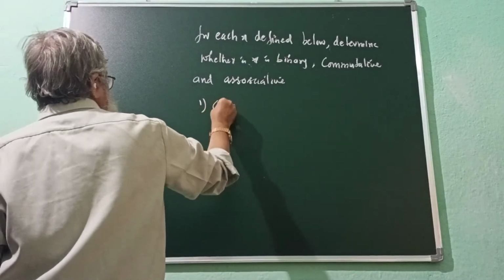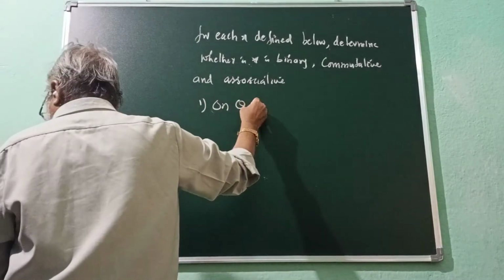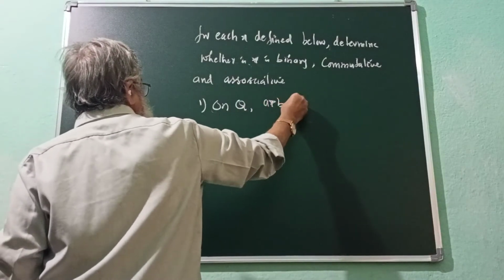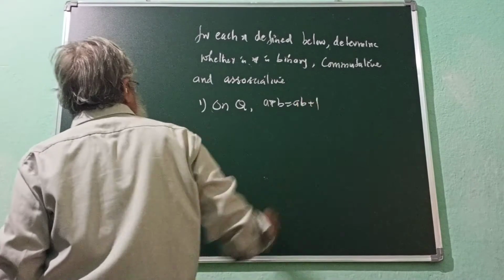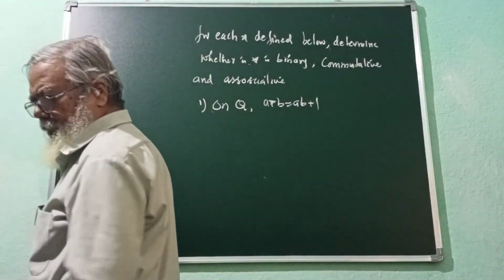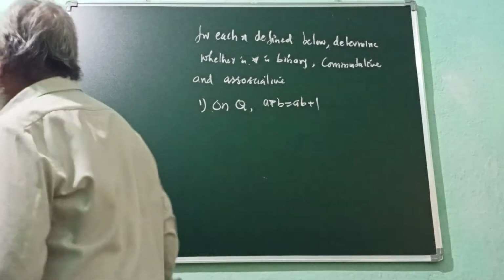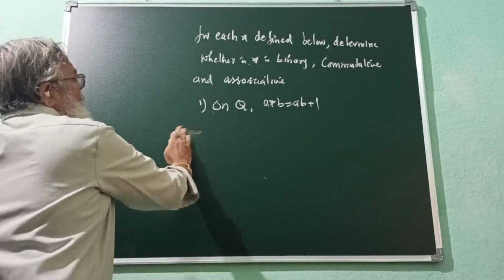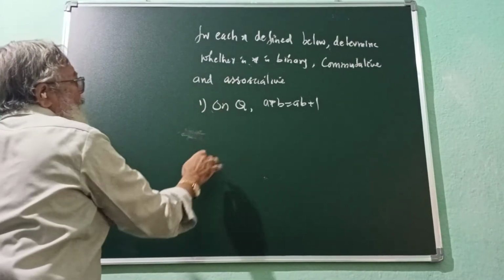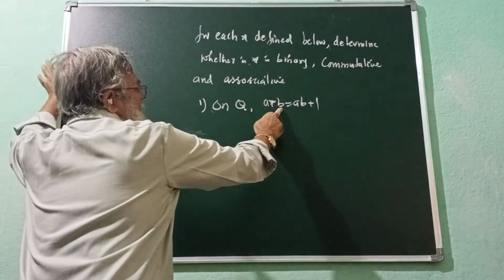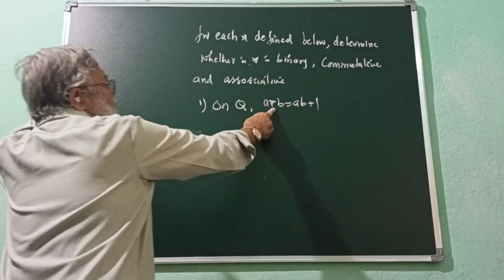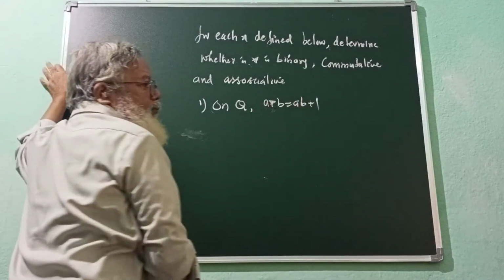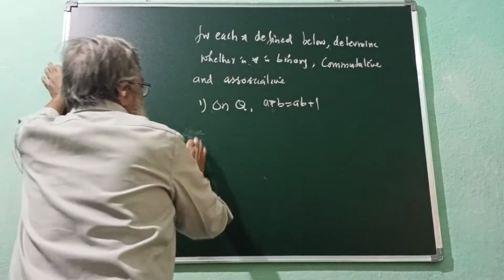On Q, A star B is defined as A into B plus 1. So first, let us check whether it is a binary operation or not. Because you see, star takes every pair AB into a unique number AB plus 1. Therefore, it is a binary operation.